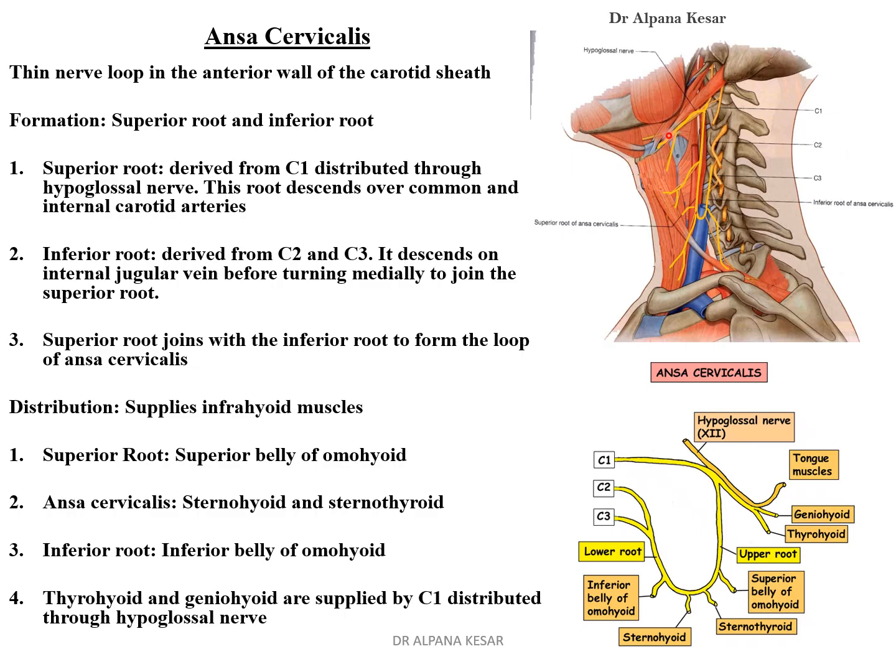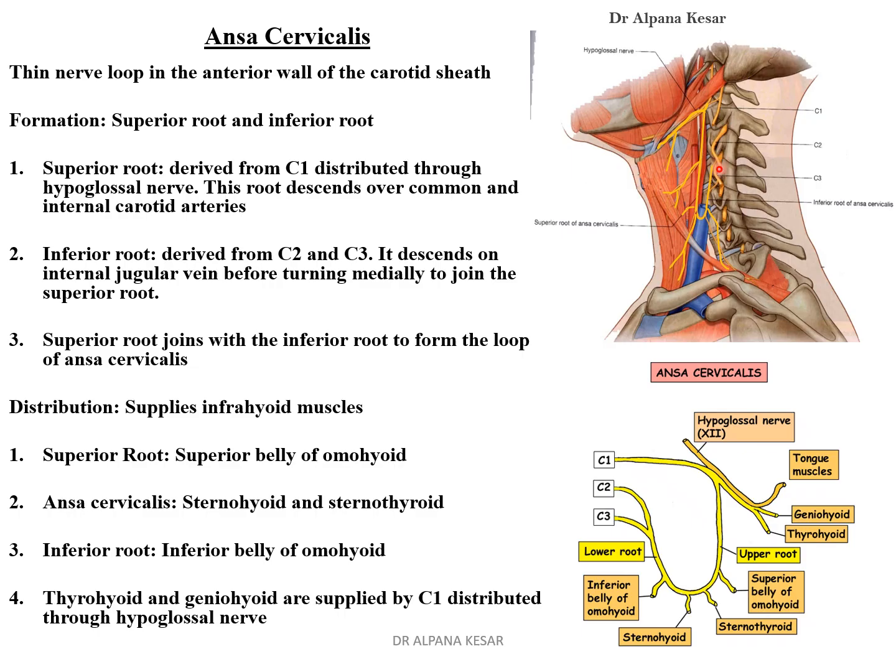This is the hypoglossal nerve which distributes the fibers of first cervical spinal nerve into the superior root of Ansa cervicalis. The superior root of Ansa cervicalis then descends over the internal carotid arteries and the common carotid arteries.